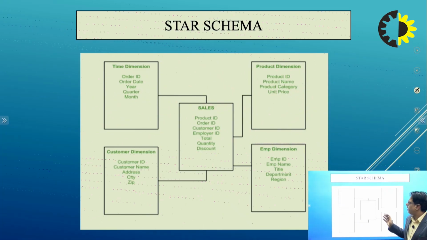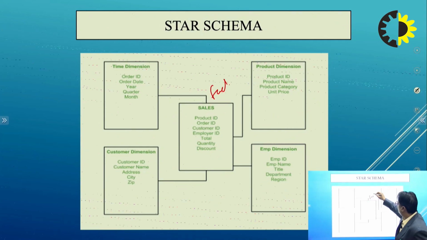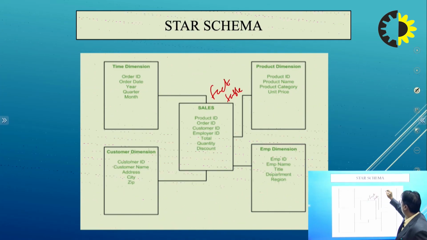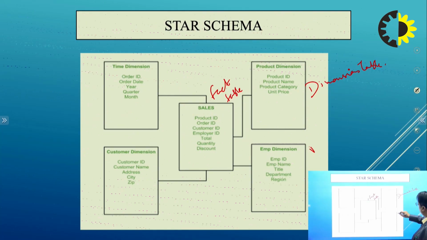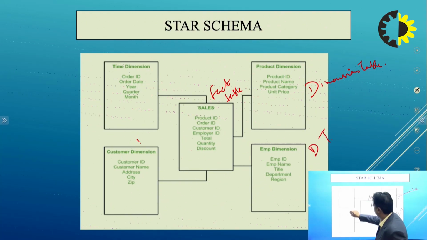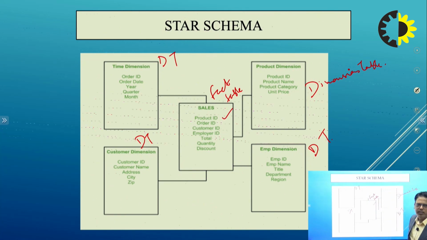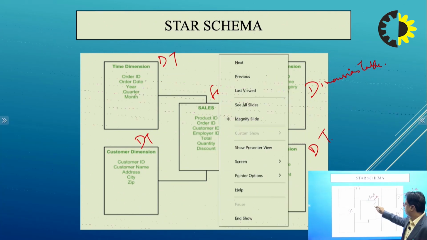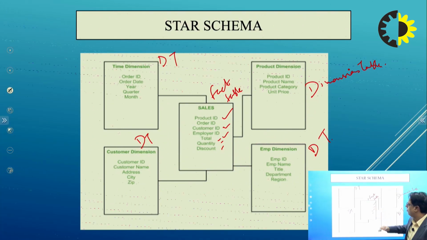This is the basic architecture of the star schema. This is the fact table, and these all are the dimension tables. Product ID, these attributes consist in the sales fact table: order ID, customer ID, employee ID, total quantity and discount. These all are quantitative data.